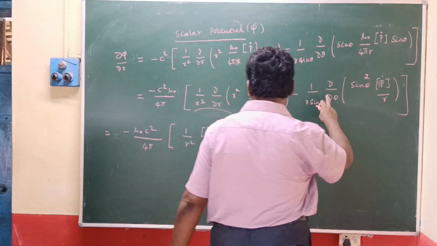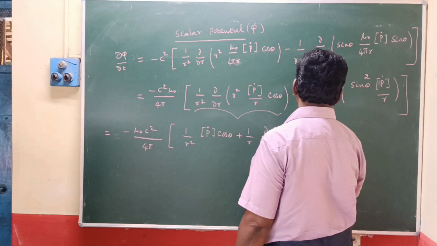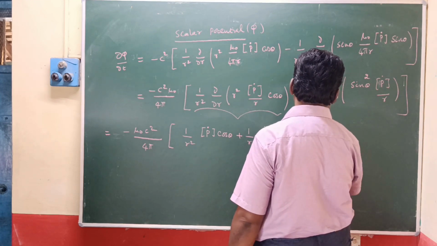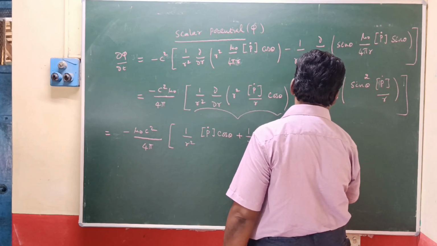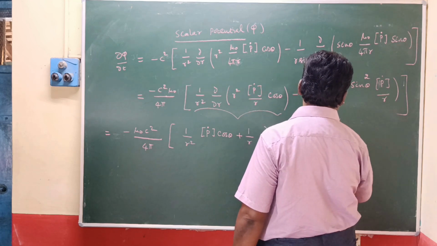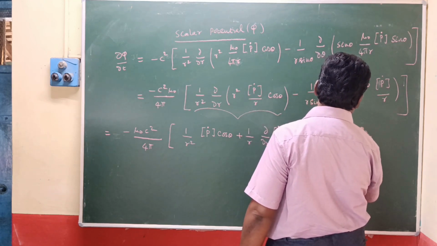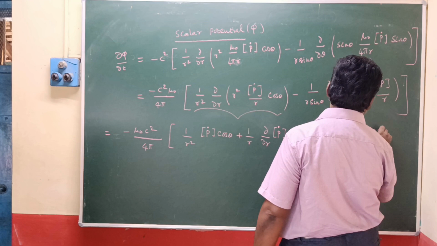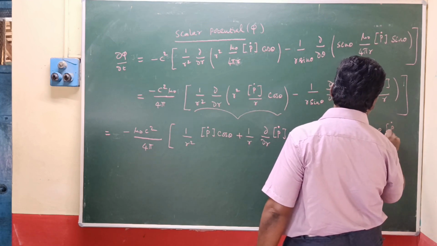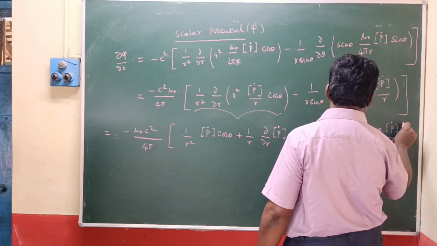Now come to the second term. See, 1 by r sin theta, 2 sin theta cos theta, P dot by r.